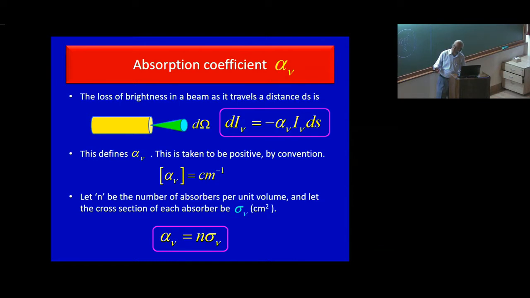It is the loss of intensity as it traverses a length ds. Therefore, the specific intensity dI nu which is lost is equal to minus alpha nu into I nu into ds, with a minus sign because you have lost intensity. So obviously, the dimension of the absorption coefficient alpha nu is per unit length, per centimeter.